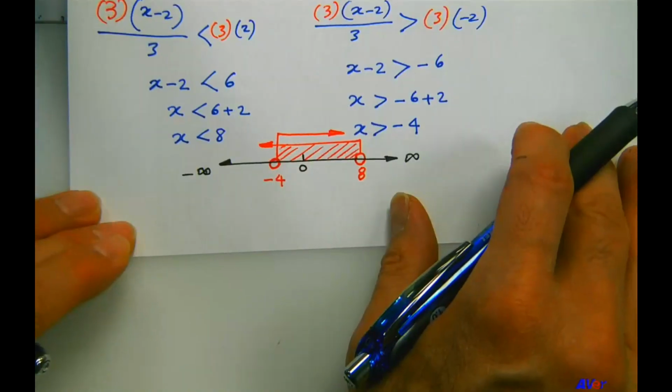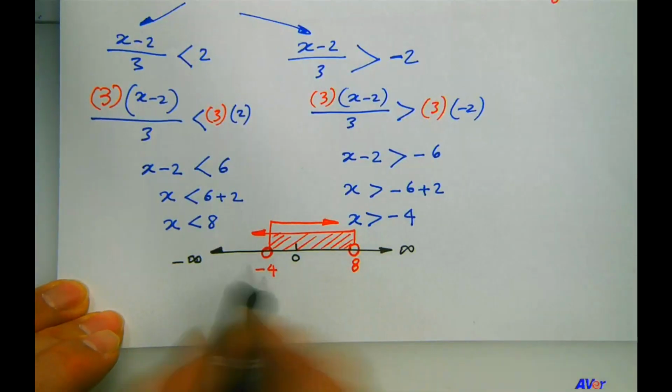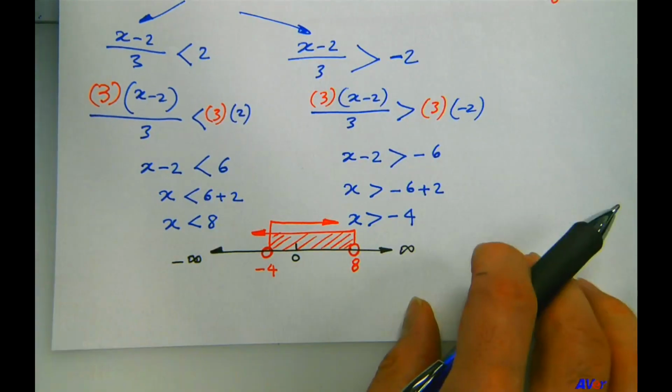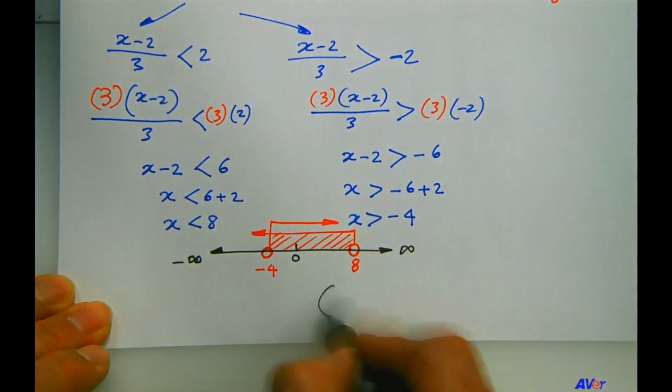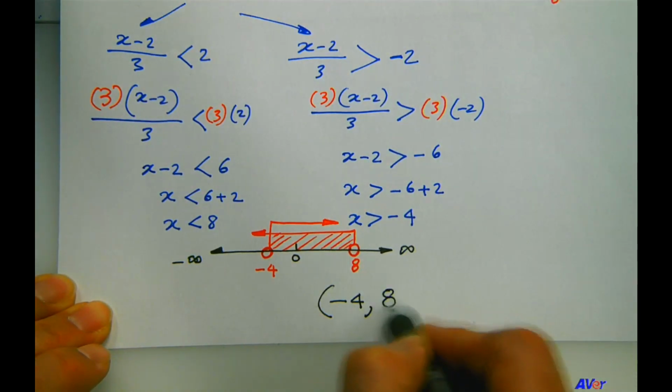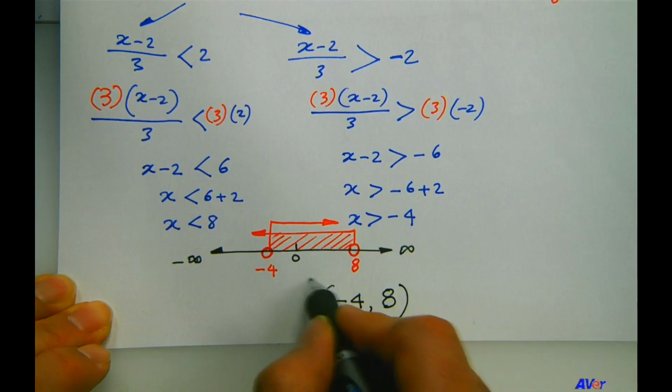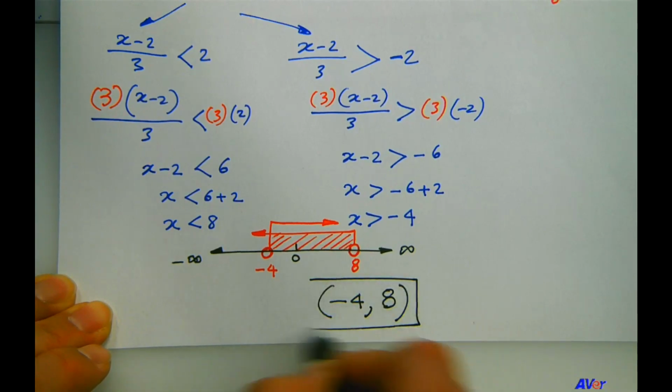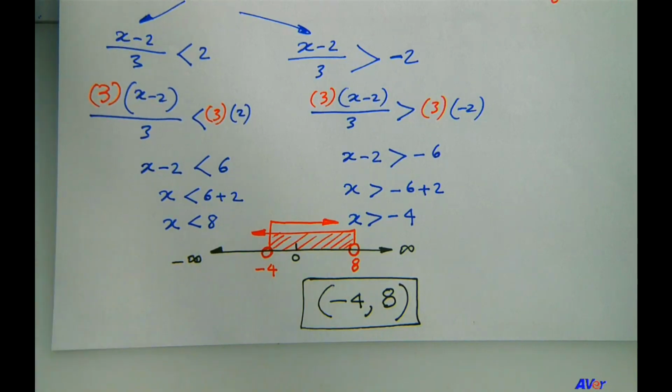So what would be the solution here? The solution would be negative 4 and 8 are not included. So the final solution is parenthesis negative 4 comma 8 parenthesis. There. Okay? The overlapping piece is the final solution when the individual solutions do overlap.